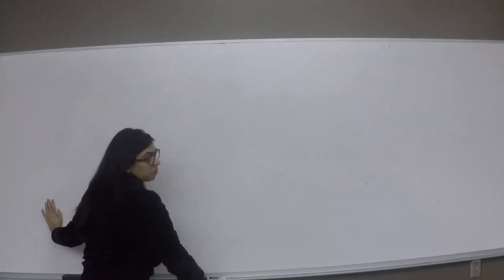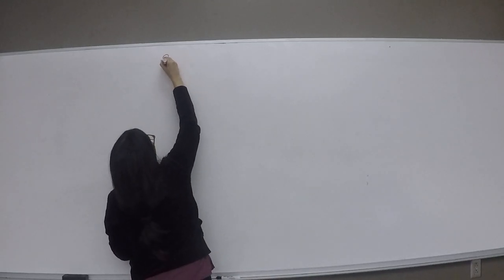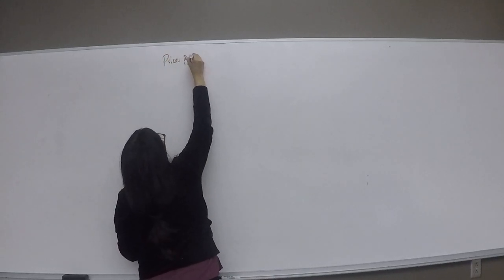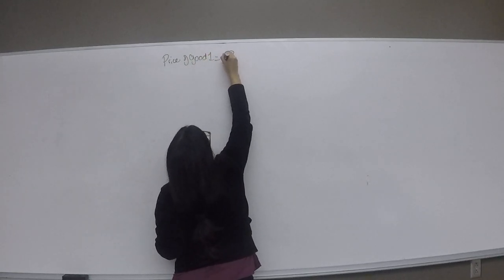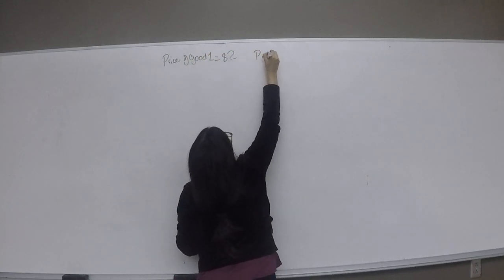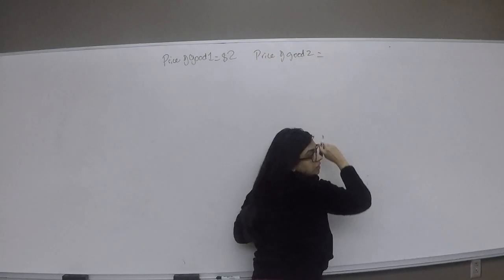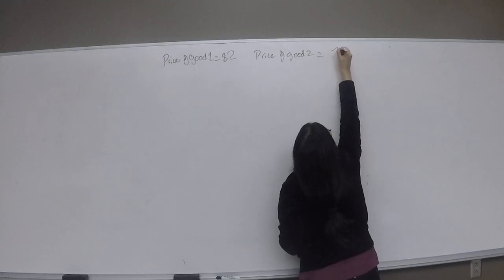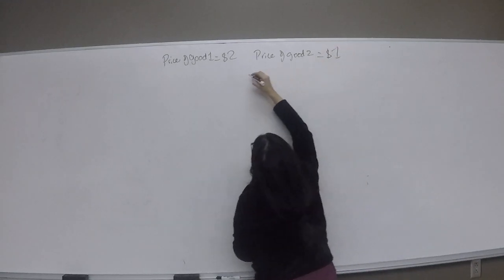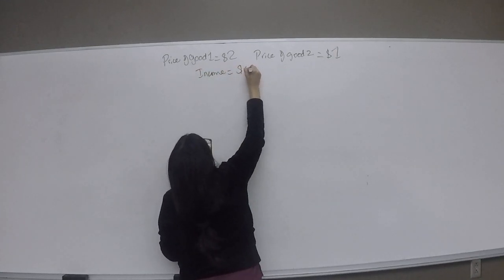Okay, let's do one more example. Price of good one is $2. Price of good two is $1. Your budget or your income is equal to $5.